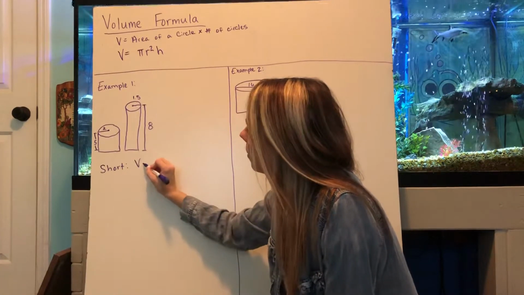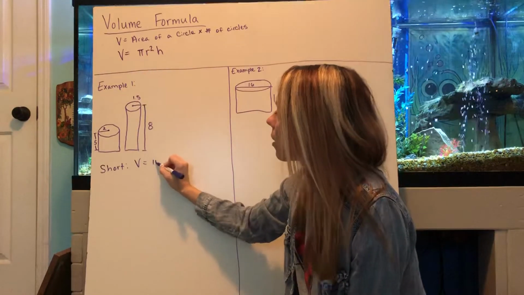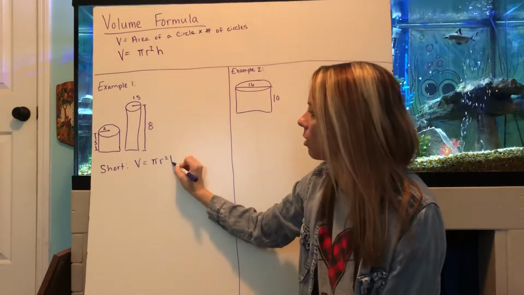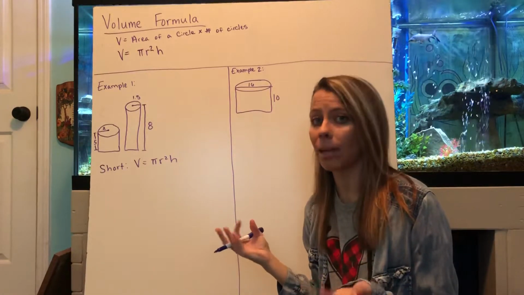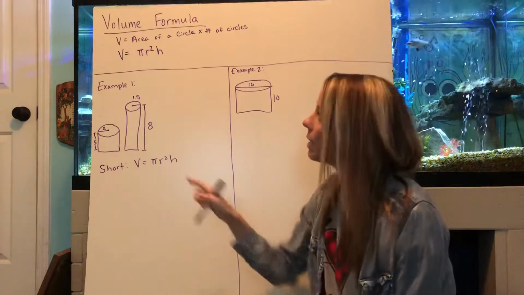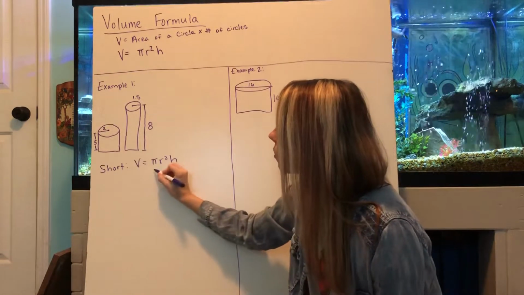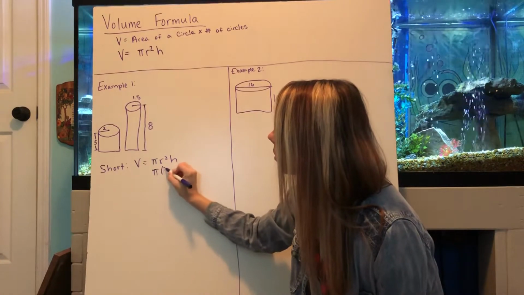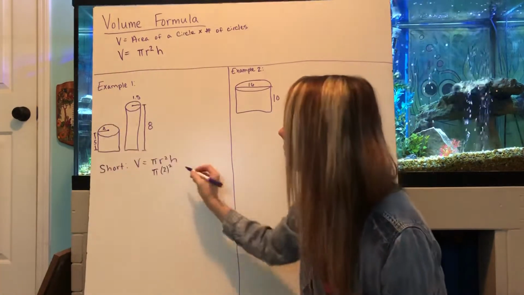So volume equals, using this formula, pi r squared h. Then I just have to look at my diagram and get my information. The radius goes from the center to the outside, so my radius is 2, and my height is 5.